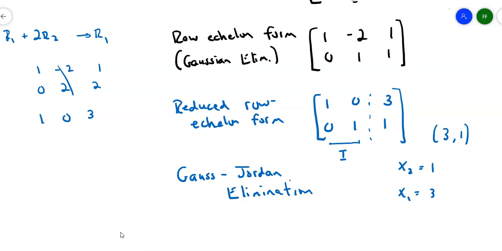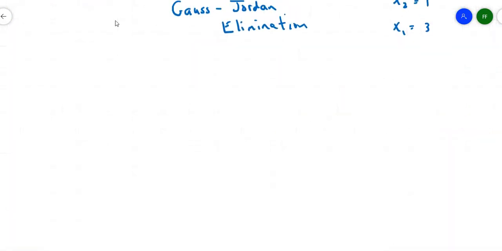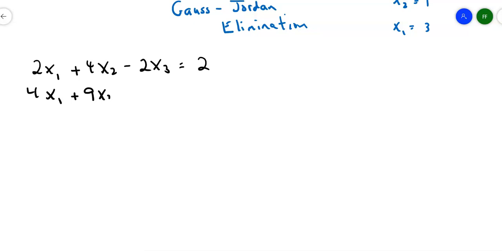So let's take a look at a 3 by 3 version of this and see if we can solve a system that's 3 by 3. So suppose I have a system that looks like this. 2x sub 1 plus 4x sub 2 minus 2x sub 3 is equal to 2. I've got 4x sub 1 plus 9x sub 2 minus 3x sub 3 is equal to 8.